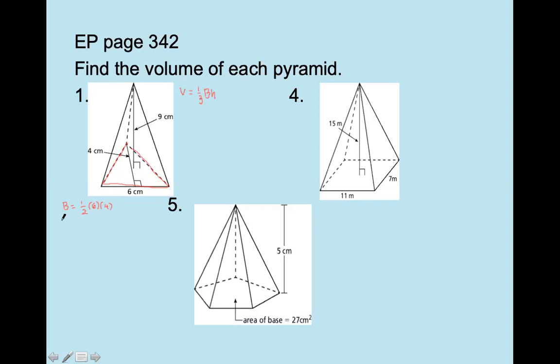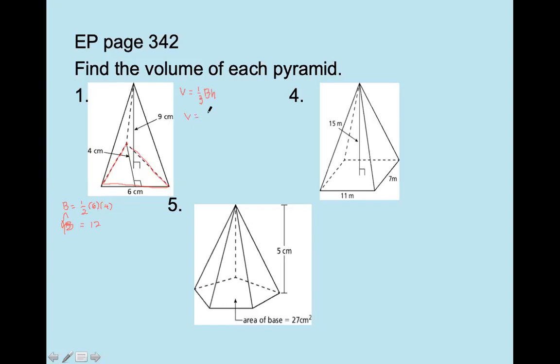So I'm going to go ahead and simplify that, and then I can transfer this up to my pyramid volume formula. That's beautiful. So let's see if I can write that again. So I take 1/2 of 6, which is 3, and 3 times 4 is 12. Okay, so just our base area alone is 12. So I'm going to go back up here to our volume.